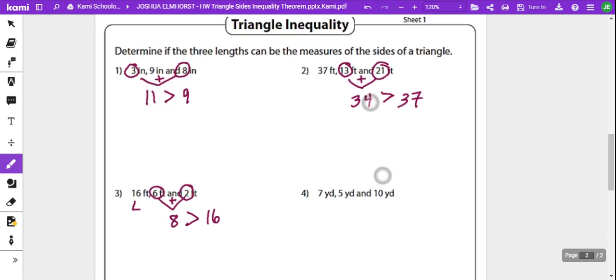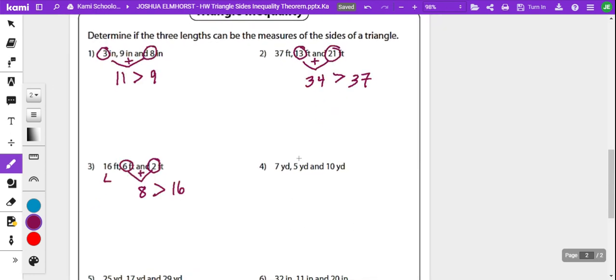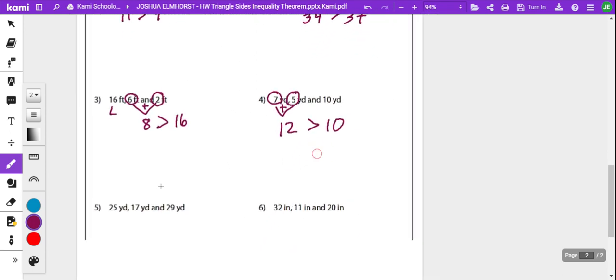Okay, so once you go on to the back, first you're going to do is find the two shorter sides, the smaller numbers, and then add them. Okay, 17 and 25 are the two shorter sides.